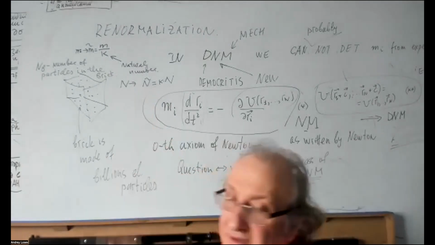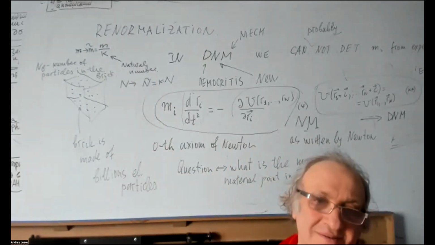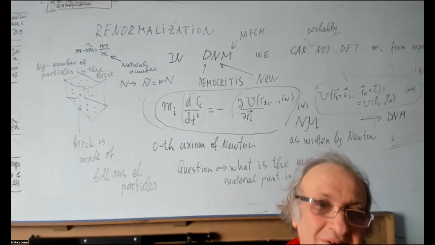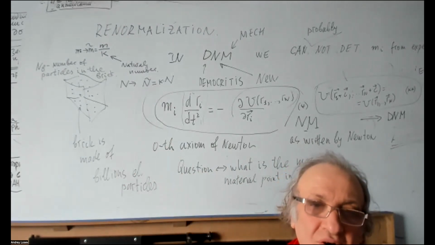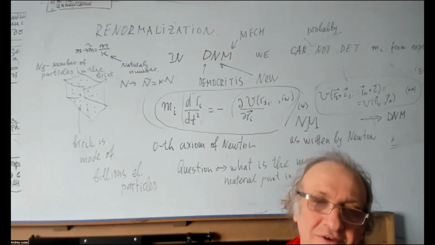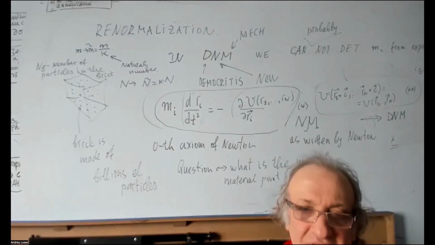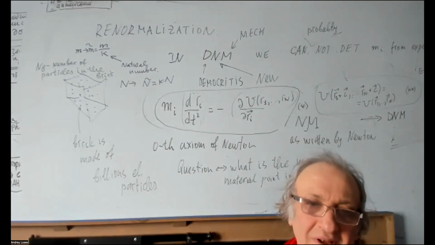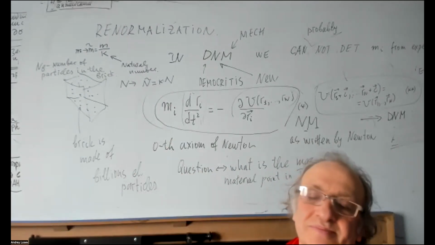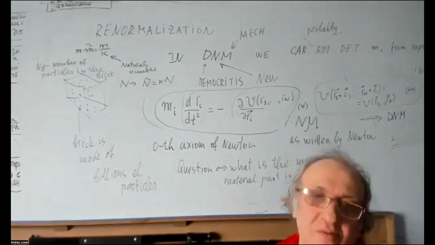This is actually a symmetry, and that's why I cannot see in this model the fundamental structure of matter. I cannot see atoms. To see atoms, I need some sophisticated experiment when I can take a particular particle out of a brick.